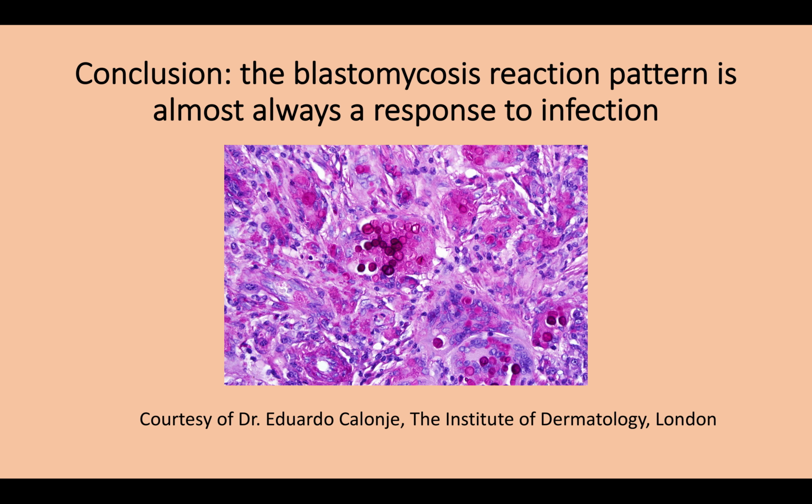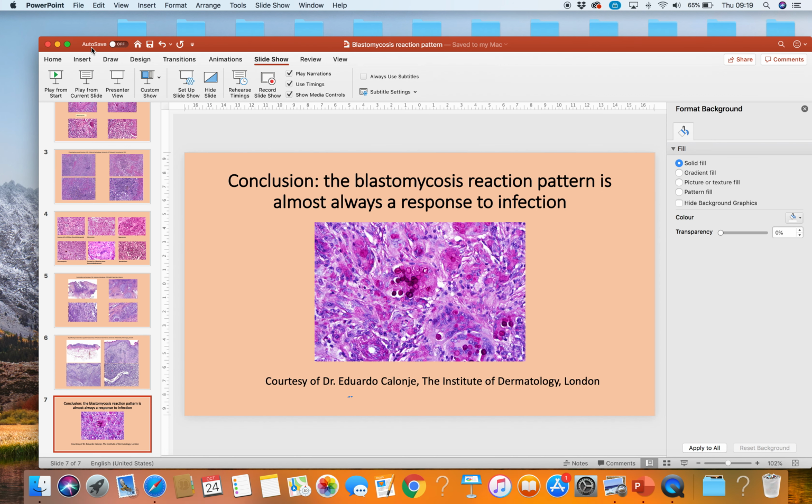So in conclusion, the blastomycosis reaction pattern is almost always a response to infection. The vast majority are associated with fungal infections, and if you look carefully with the H&E, you will often find the offending organism.